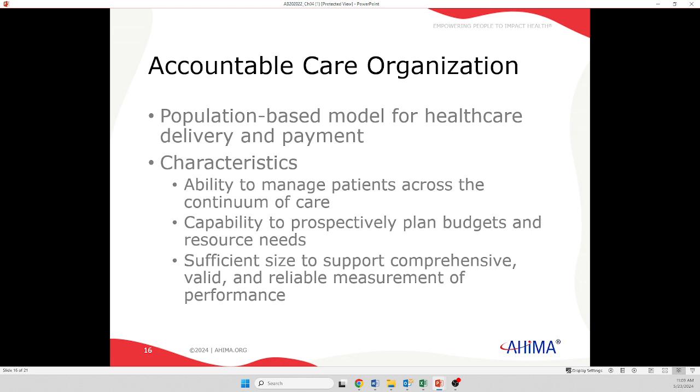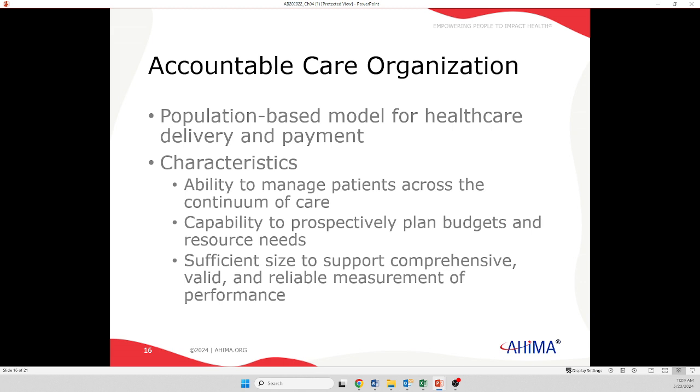They usually also include a large number of providers, so it allows them to kind of have more than one doctor and they can provide more care. So when we had the Affordable Care Act, it required that CMS promote the development of ACOs.